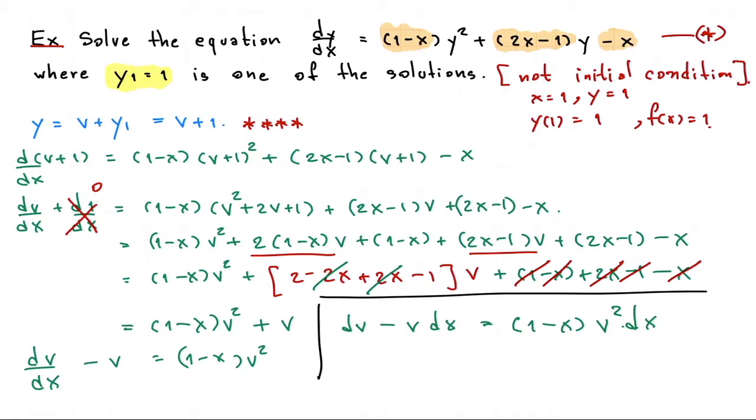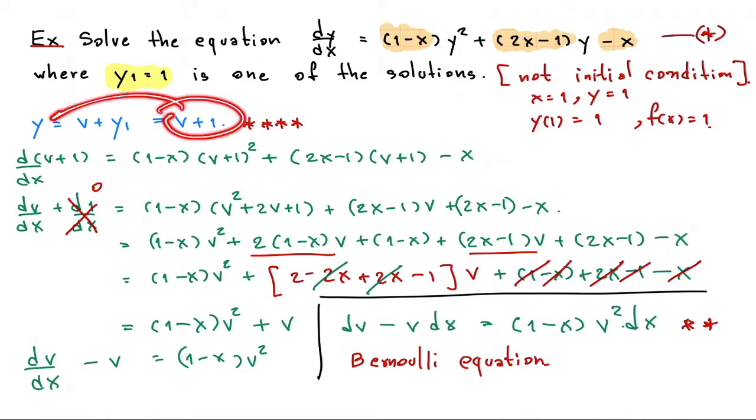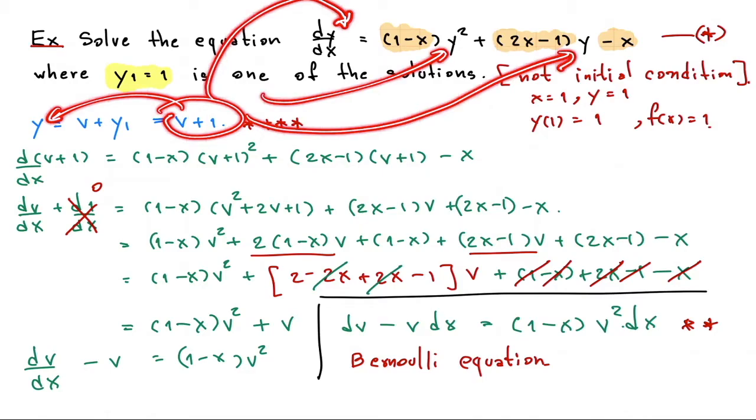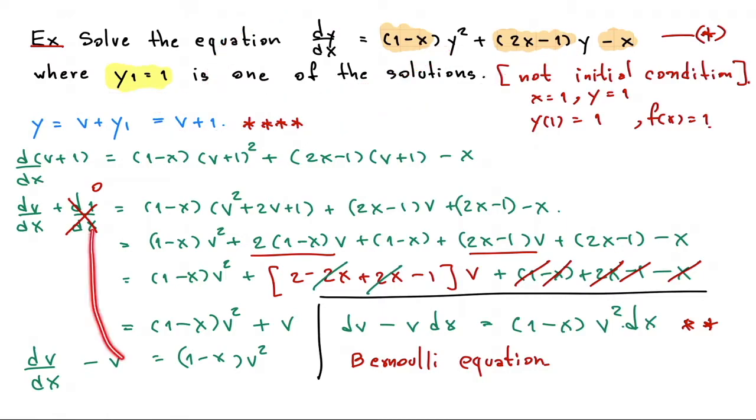I'll call this equation double star, and it is a Bernoulli equation. Guys, if you substitute this in y and it doesn't become a Bernoulli equation, it means that you did something wrong.